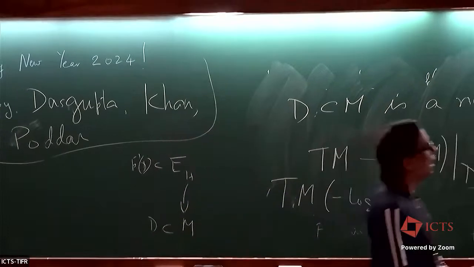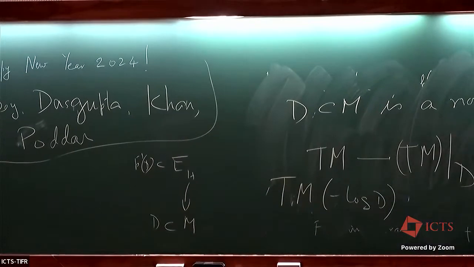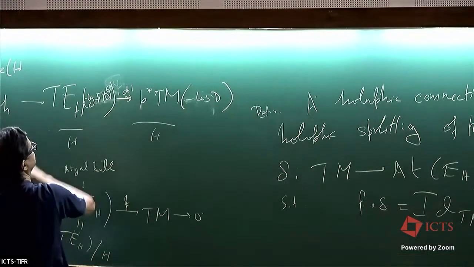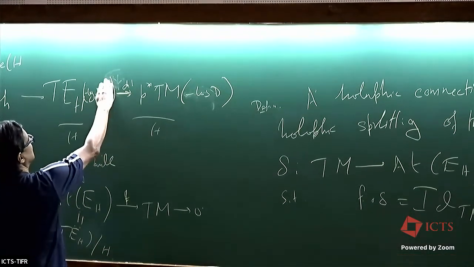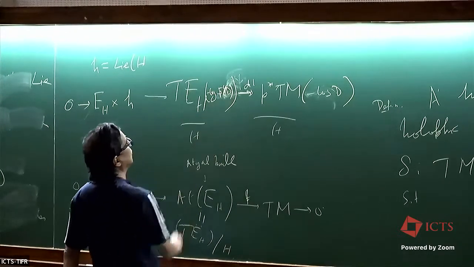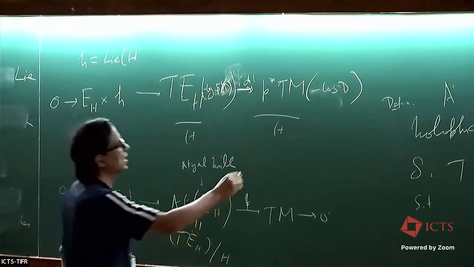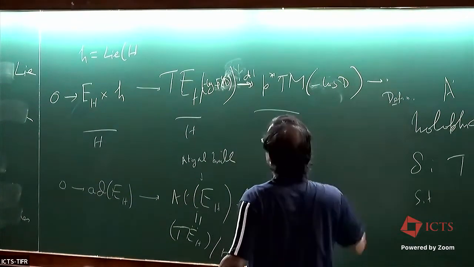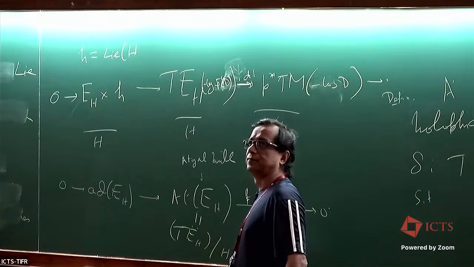So now I can make some small changes. Here I have minus log D; here it will become minus log P inverse of D. I should rewrite separately, but now again I take the quotient.